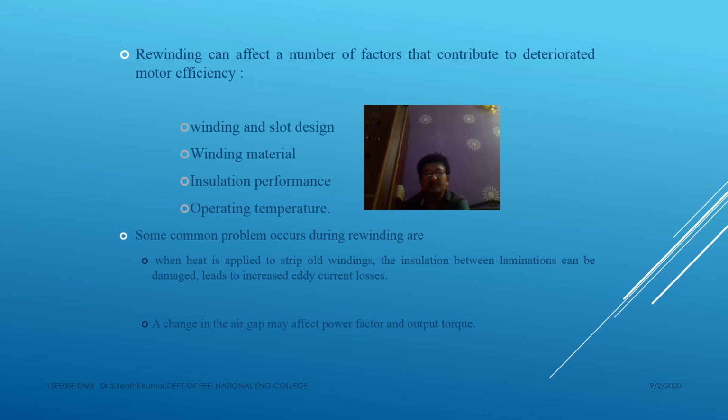Some of the common problems that occur during rewinding are that heat is applied to strip the old winding, and the insulation between the laminations can be damaged, which leads to increased eddy current losses, and a change in the air gap may affect the power factor and the output torque.